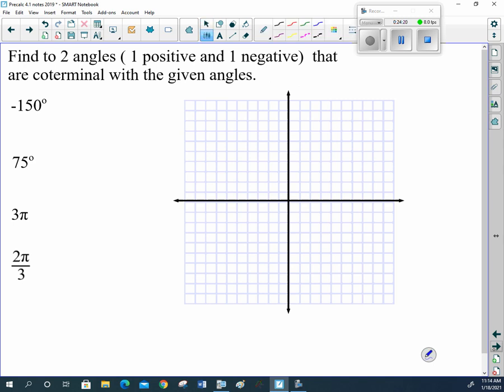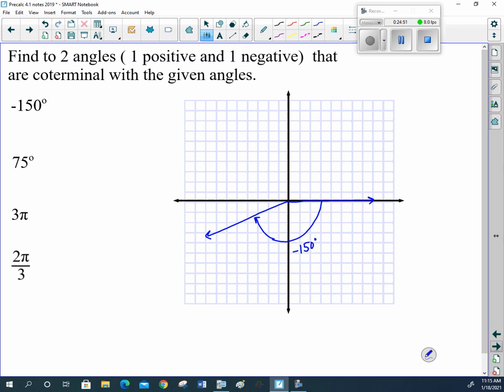So for this one it says negative 150. So if I start right here, here's my initial side. Negative 150 would mean I would rotate clockwise to about right here. This would be a negative 150, okay?